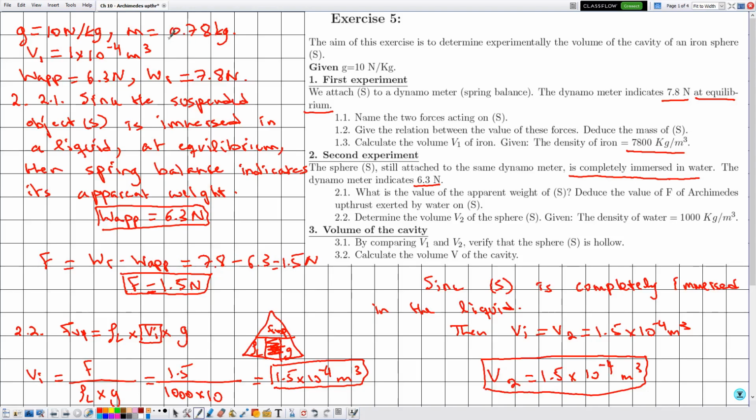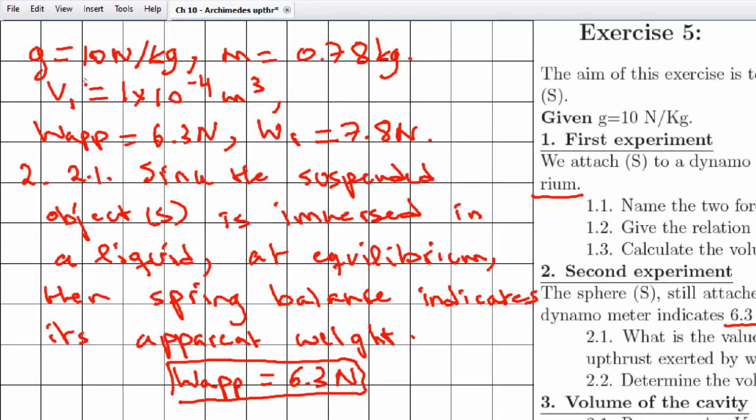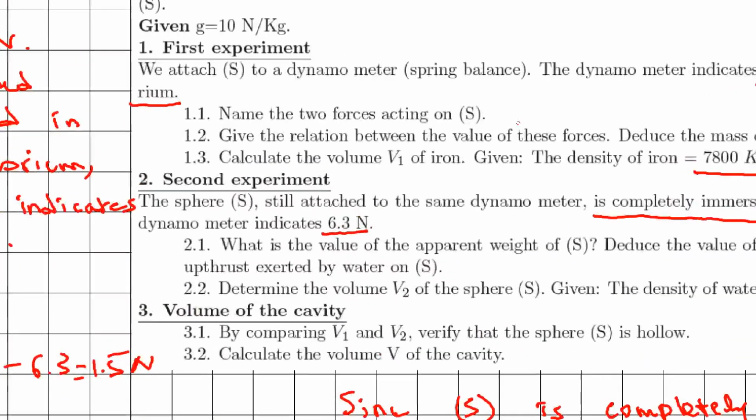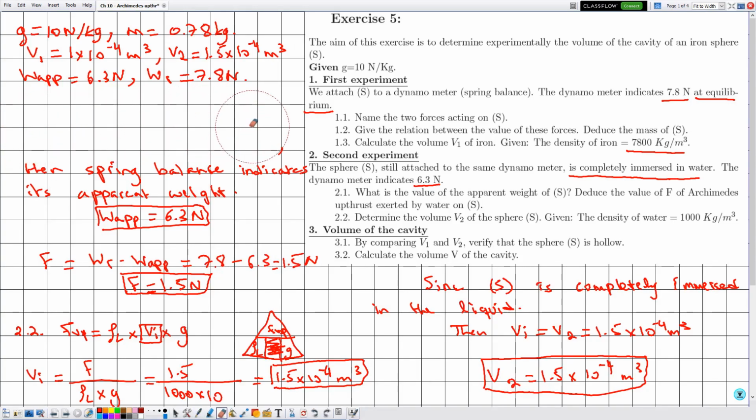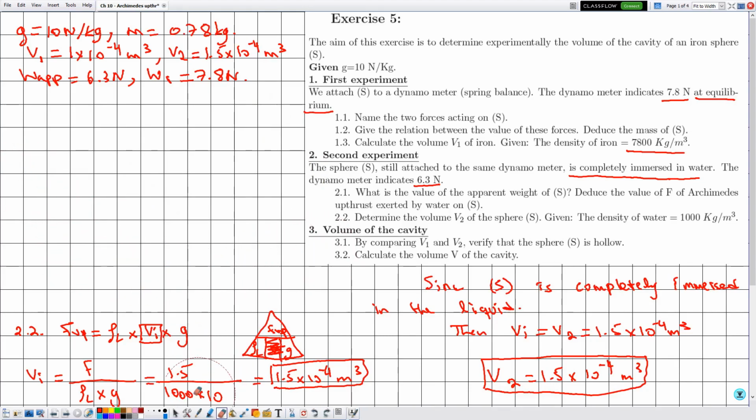So now here we have two volumes. The volume V1 of iron, so V1 stands for iron. Here they are telling me to calculate the volume V1 of iron, and the volume V2 of the sphere, which is given by 1.5 times 10 to the power minus 4 meter cube. So now before we get to the third part of this exercise, let me explain the difference between these two volumes.